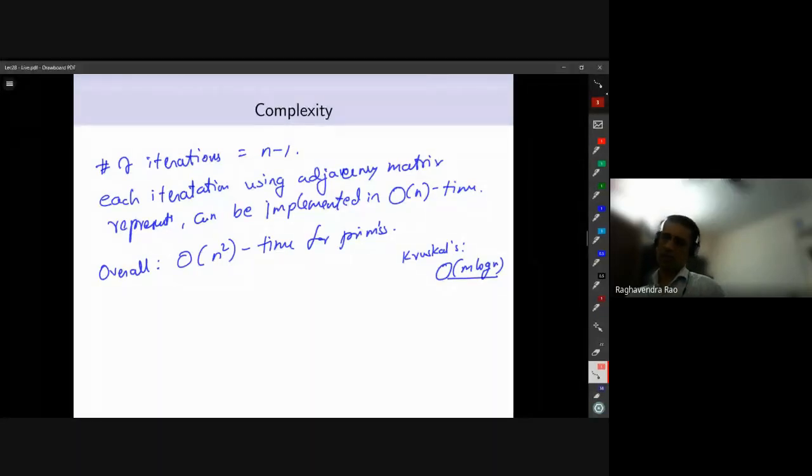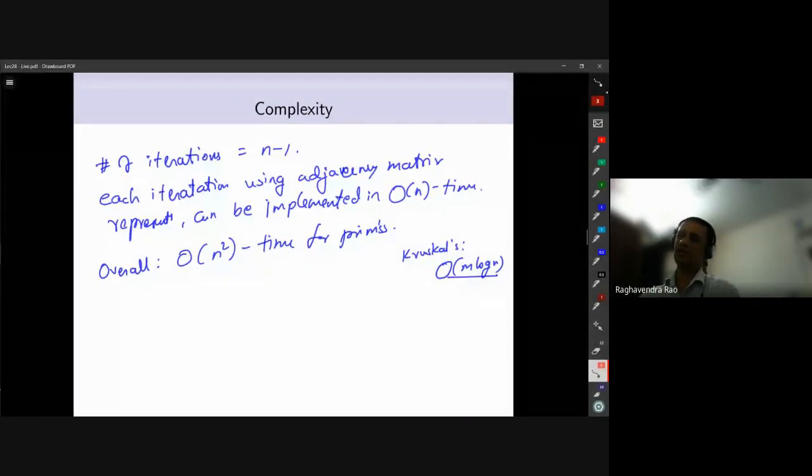Let's see how much time I have. I'll give a quick overview of heaps. I believe all of you have seen heaps. Is there anyone who hasn't? Those who have done CS courses would have seen it. But I'll spend 5 to 10 minutes introducing the heap so that all of us are on the same page. Then we'll see how to implement priority queues using heaps so that we can improve the complexity of our implementation for Prim's.